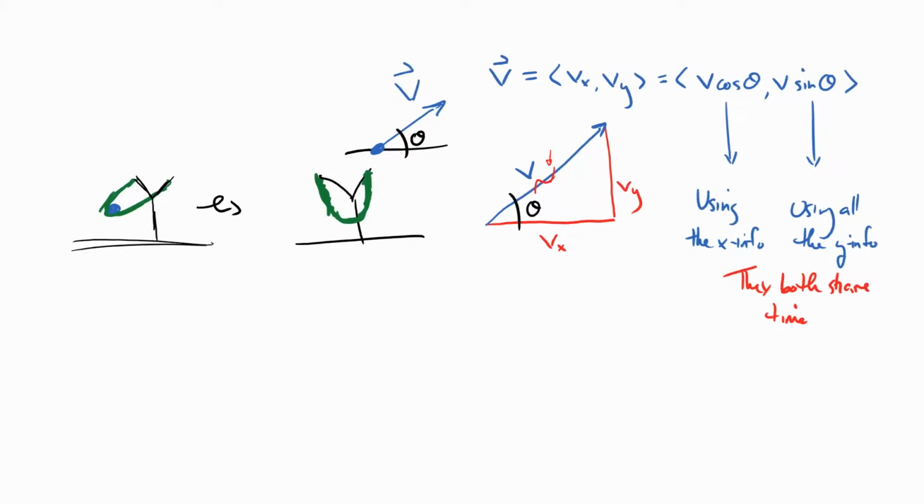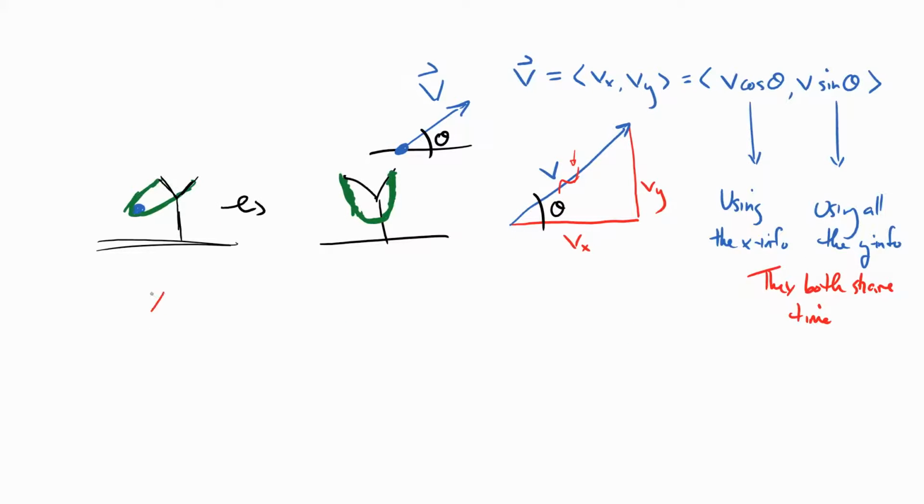So a common setup might be to look at this and say, all right, I know the acceleration in x is 0 meters per second squared. I know that the initial velocity in x is v cos theta.